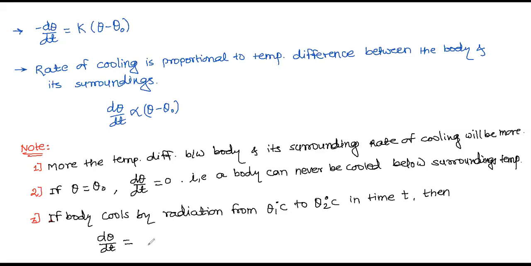The change is theta 1 to theta 2, so you have to replace d theta by dt with theta 1 minus theta 2 divided by t.